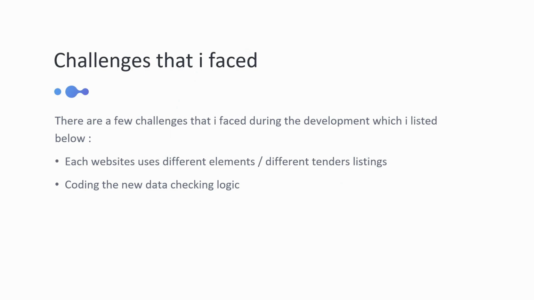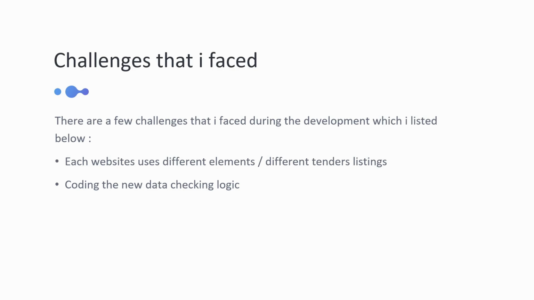For example, some data can be scraped from only one page, but some data will have to be scraped from an external link or multiple pages. So I have to write code for getting the data from external links or by simulating page navigation to scrape from multiple pages.